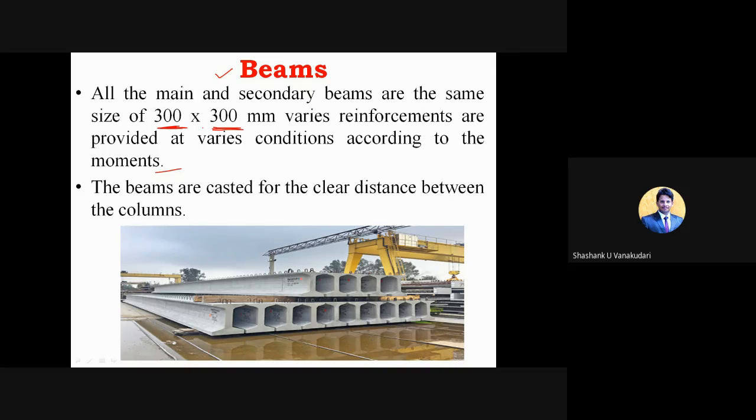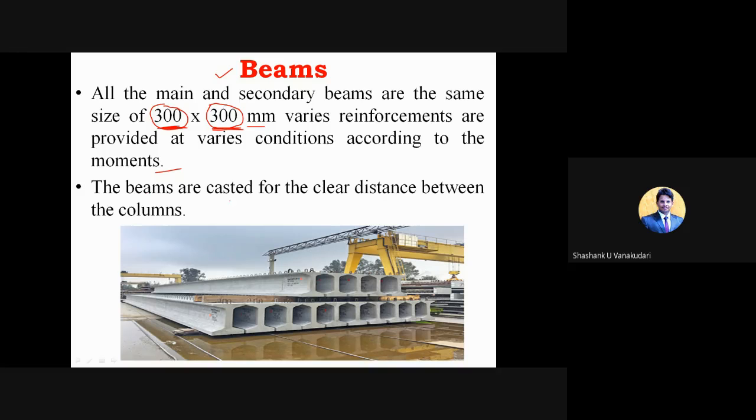These members are readily available at 300 by 300. Still, if you want to change as per your requirement or design concepts, you can change it. There is no problem in that, but the cost of manufacturing special types of elements is higher.